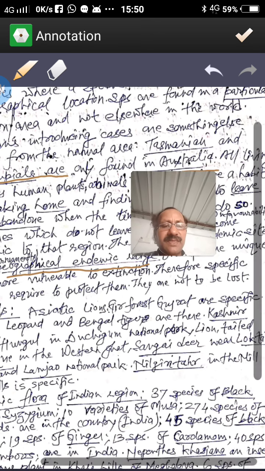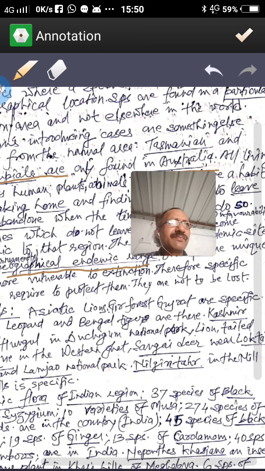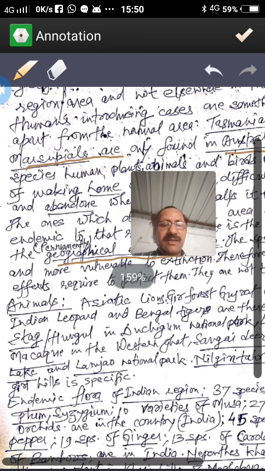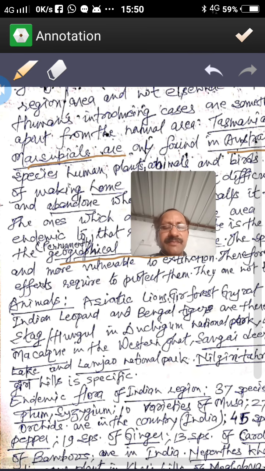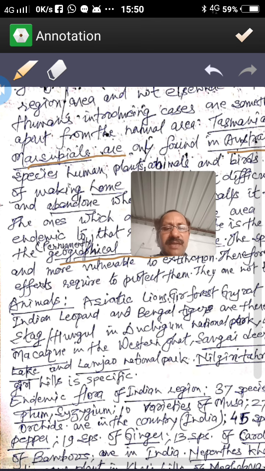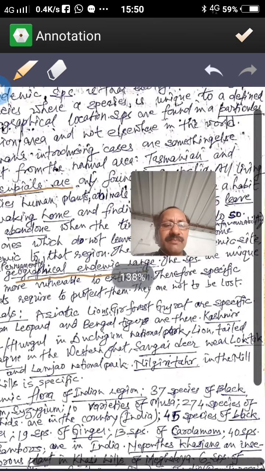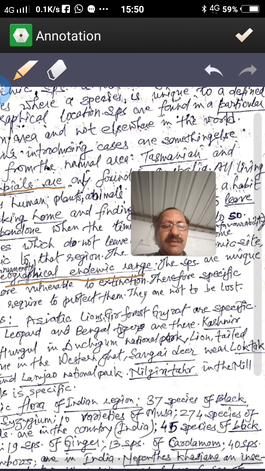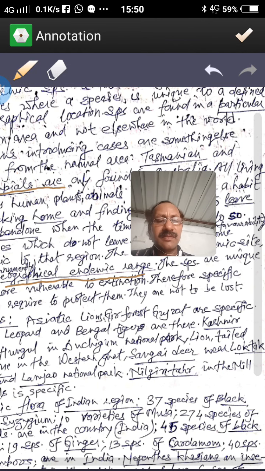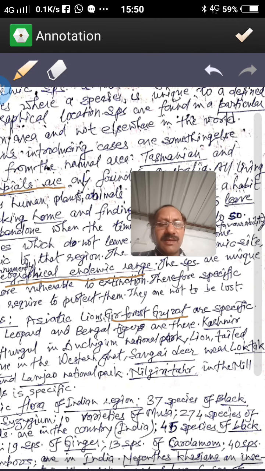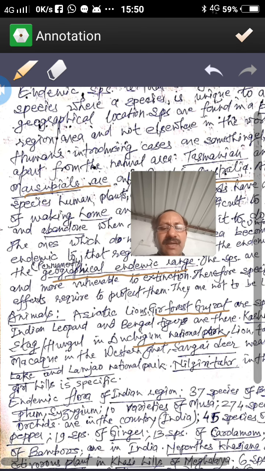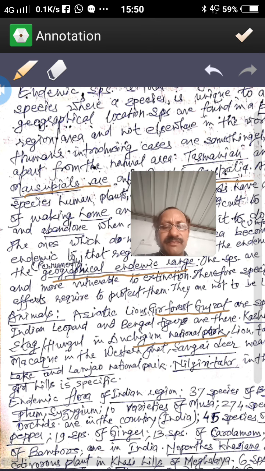The species which are found in different national parks are here. Among animals, the Asiatic lion is in Gir forest. In Dachigam National Park, the Kashmir stag or hangul is there.